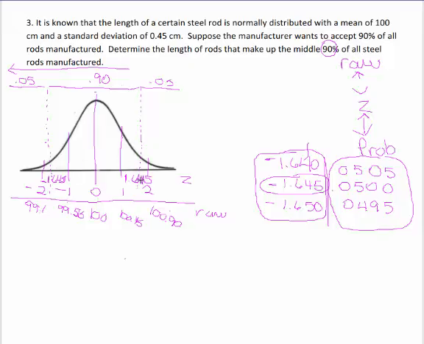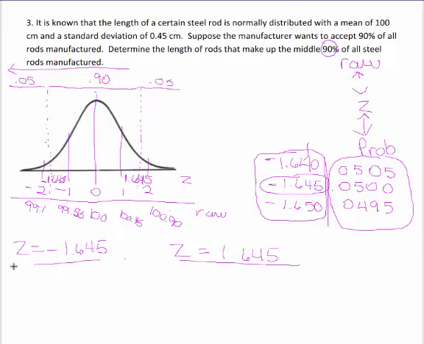So we didn't really need to look that one up. Once you find one and it's symmetrical, you can find the other one. Okay, so our z-scores are negative 1.645 on the left side and positive 1.645 on the right side.